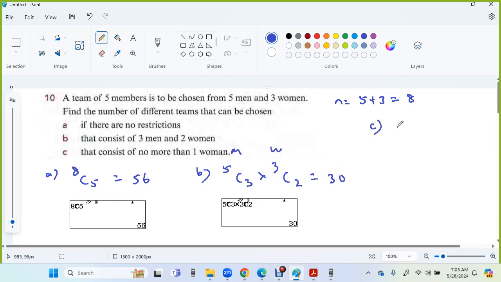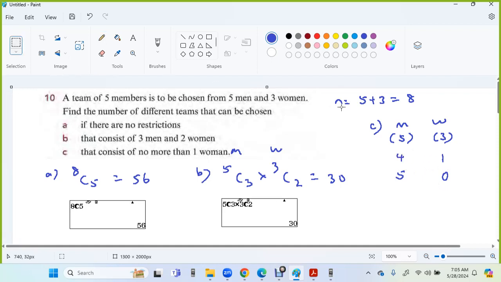C, not more than one woman. Then you can have men and women. Men we have 5, women we have 3. So not more than one woman, I can have one woman or 0 women. Then 0 women, 5 men. And then one woman, 4 men.